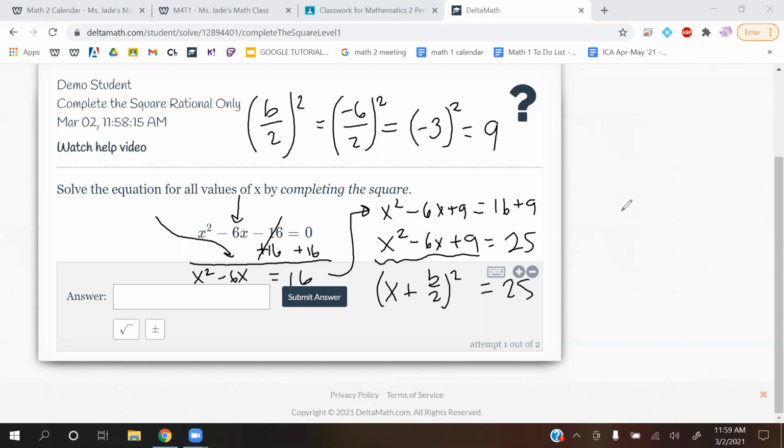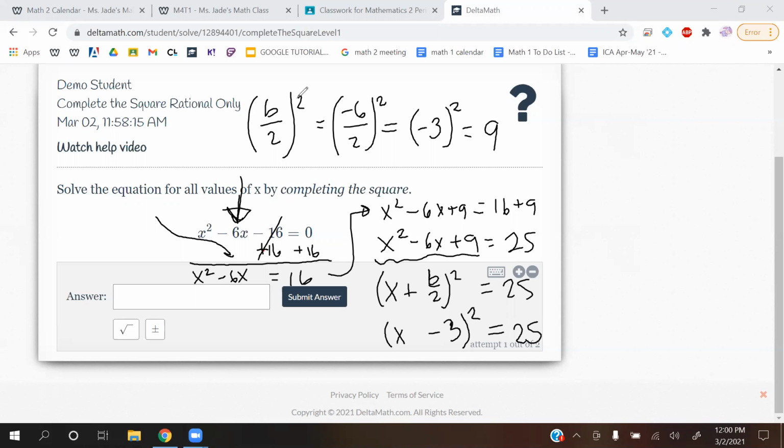And so what is our b over 2? Let's figure that out. x plus, our b is negative 6. So that means we have negative 6 divided by 2. Negative 6 divided by 2 is negative 3. So we have x plus negative 3. But remember, when you are adding a negative, you can write x minus 3. So x minus 3 squared is equal to 25.